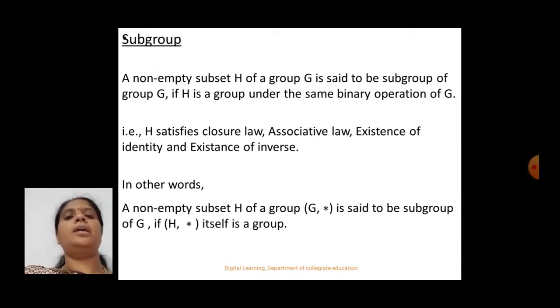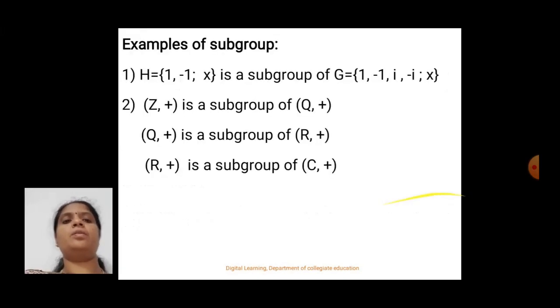Therefore, a non-empty subset H of a group G comma star is said to be a subgroup if H comma star is itself a group.